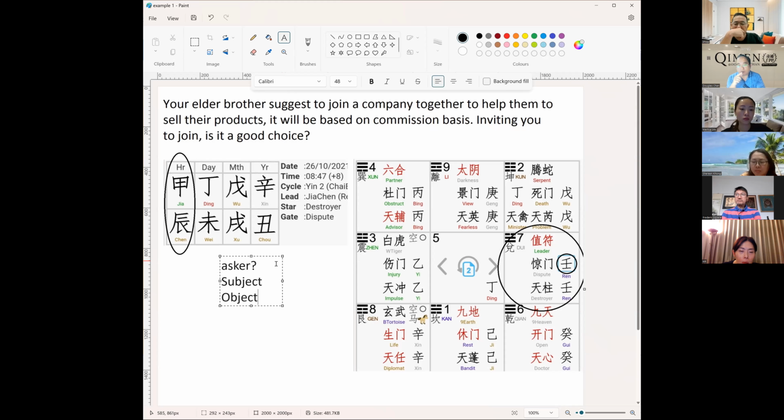In this case, based on this question, if I am the one plotting this chart, I will be the one asking the question. So I am the asker. I'm also the subject. The key thing about an asker, subject, or object is that we have to look at one particular stem, which is called the day stem.